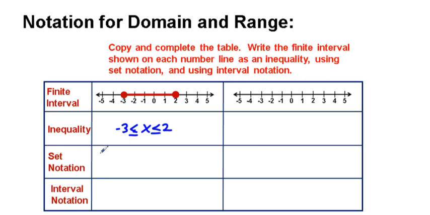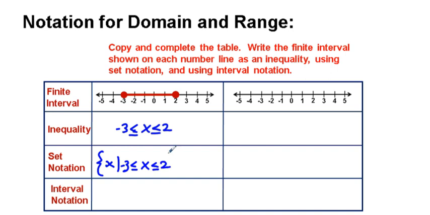Now we have set notation, very similar to inequality notation. So we put the bracket first. We put x such that x is, well, we're going to go between the two, so I'm going to leave myself some more room, such that x is greater than or equal to -3, and less than or equal to 2.